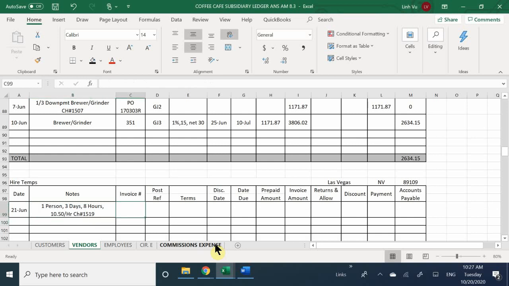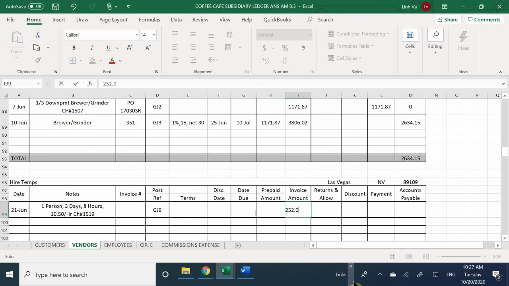There is no invoice number. Post reference, general journal number 9. Obviously, we didn't get a bill, so there are no terms or anything like that. No prepaid amounts because we paid the agency.